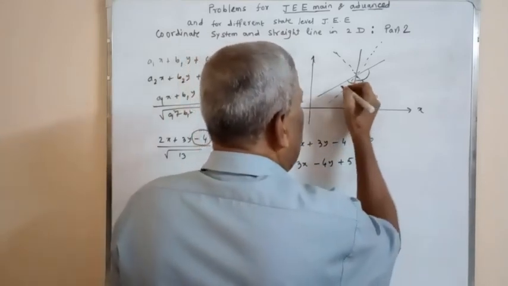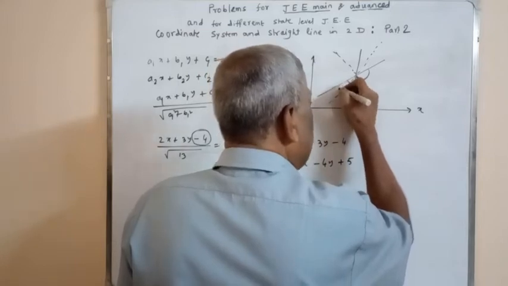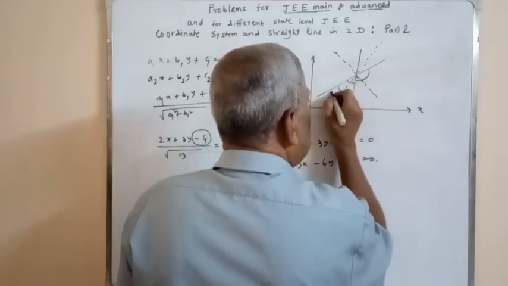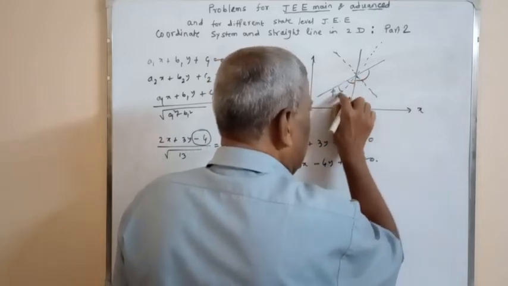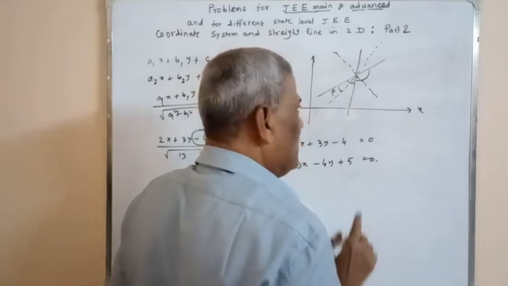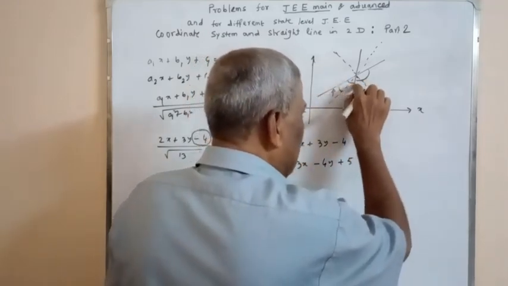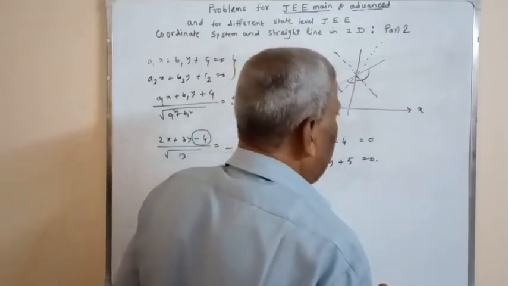Now find the angle between this bisector and any given straight line. Suppose this is phi. If this is an acute angle, then this must be less than 90 degrees. Once again, if it is the acute angle, then this angle must be less than 45 degrees.